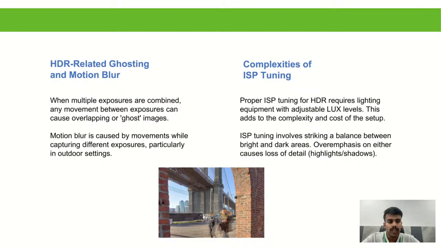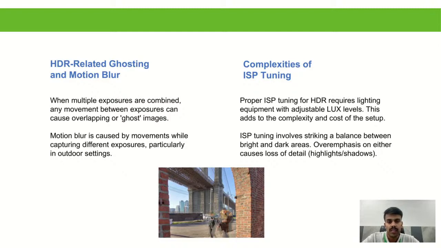And not just the sensor, the ISP also has to be selected in a particular way. It is also important to know that the ISP has to be tuned to achieve the best performance from the sensor. Achieving the best HDR performance from an ISP requires a lot of equipment, such as adjusting the different lighting in the scene, capturing images, and tuning the ISP.